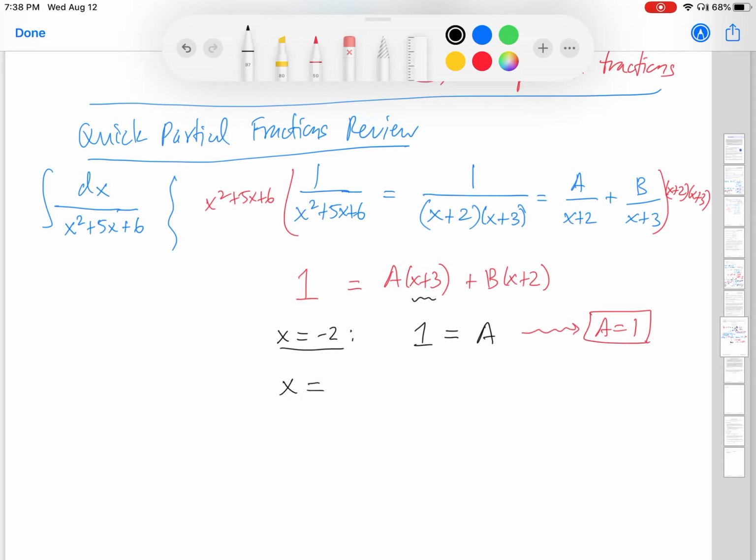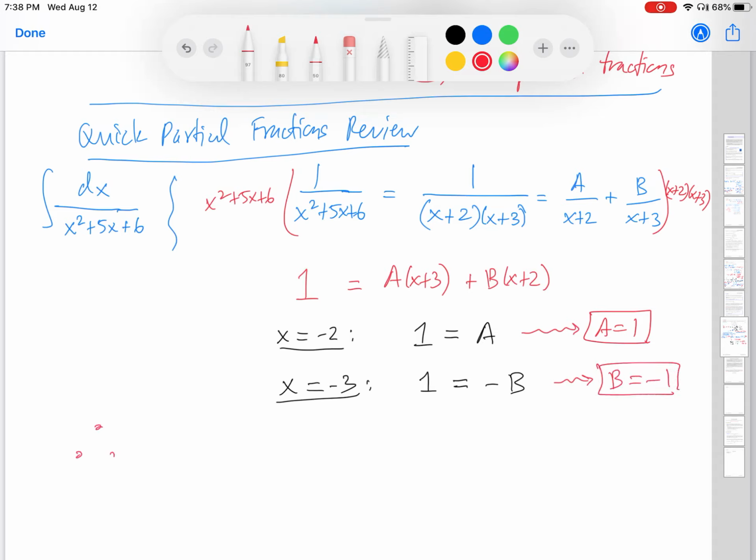This time, though, we're going to choose the x value that makes this term 0 because we want to solve for B. We're going to choose x equals -3. The left-hand side stays 1. This term becomes 0 because x is -3, and this term becomes -3 plus 2, which is -1B. Great, and that is not quite as simple as the A value, but pretty close. We just multiply by -1, and we have the B value.